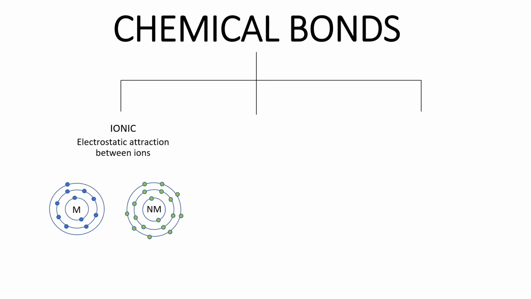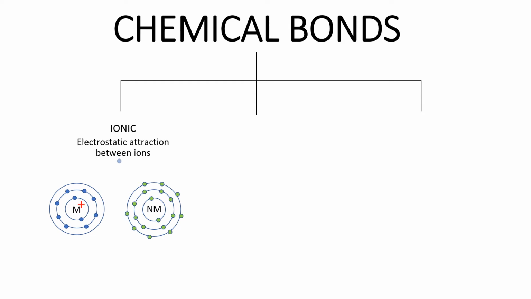Here in the metal, let's consider there's only one electron in its valence shell. Valence shell means the electrons in the highest principal energy level. When this electron is removed from the metal, the atom becomes positively charged. That means it becomes an ion.